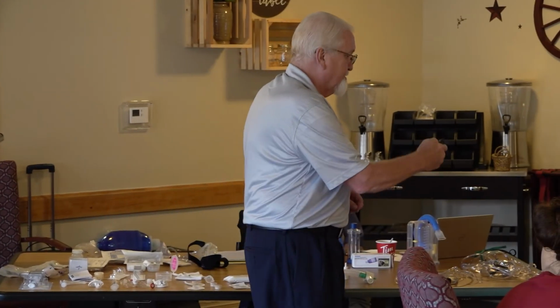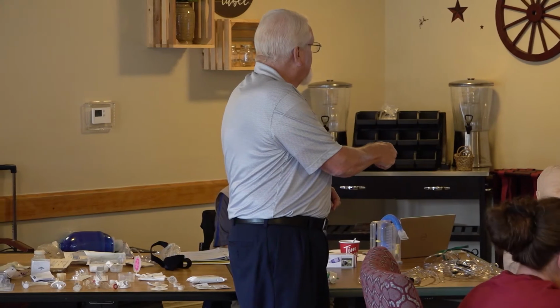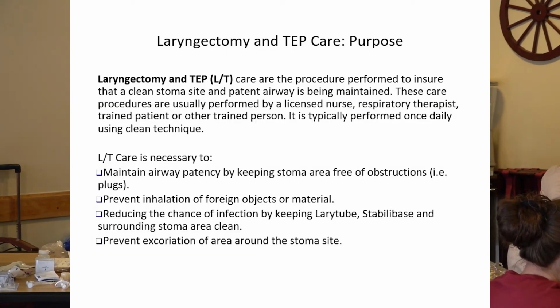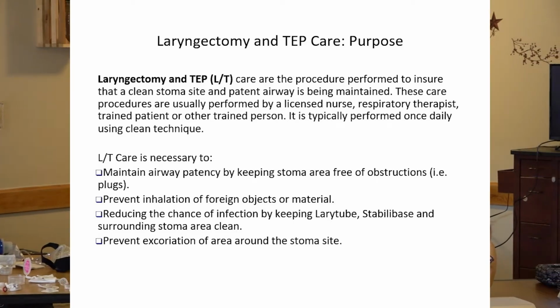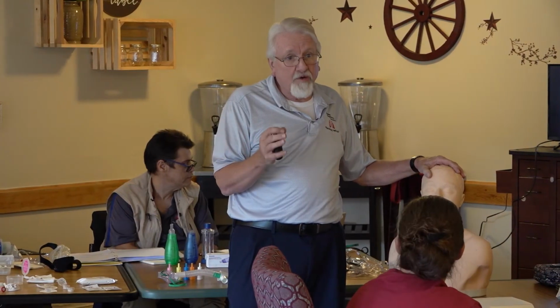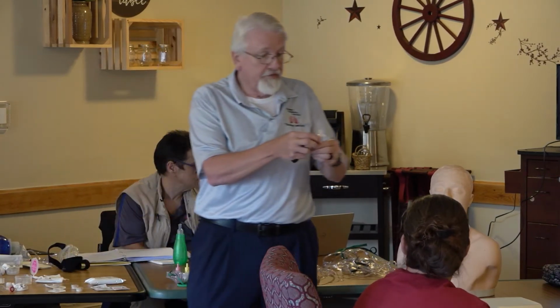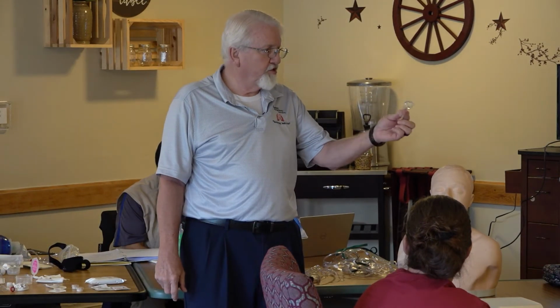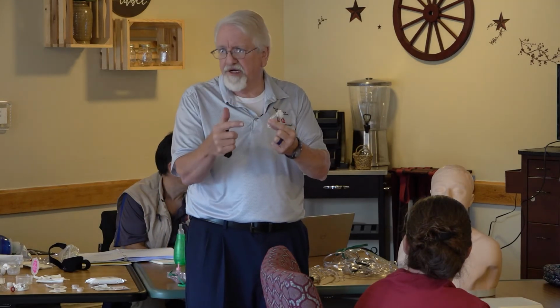Okay, let's see. Next, laryngectomy and TEP care. It's going to be very similar, only not quite as much. Like I explained with the TEP. With the Larry tube, if they're just wearing a Larry tube like this, there's not going to be any gauze or anything there.